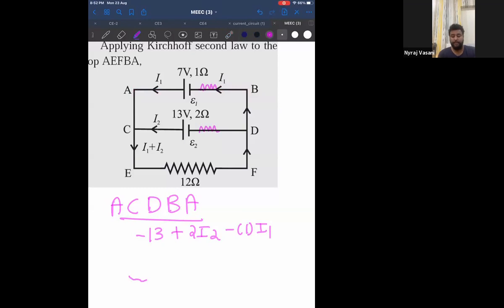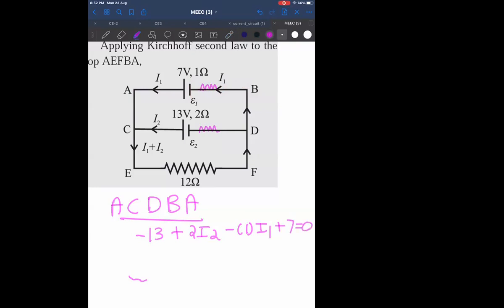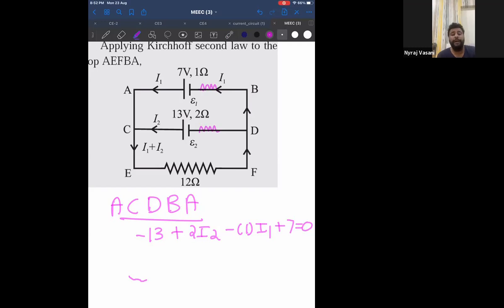It is current into resistance: current is I1 and resistance is 1. Continue. Now I encounter a negative terminal of a battery. What should I do? Positive sign. Positive 7. This is my equation 1 of KVL.